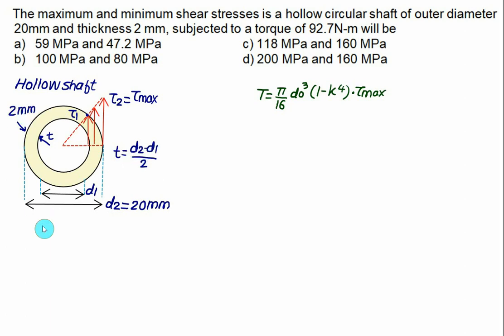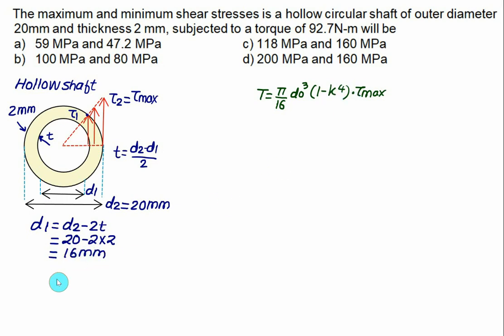From this we can calculate the inner diameter d1. So d1 is equal to d2 minus 2 times thickness, that is 20 minus 4, equal to 16 mm.